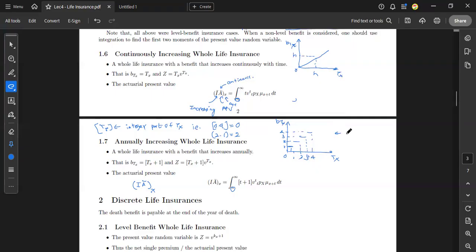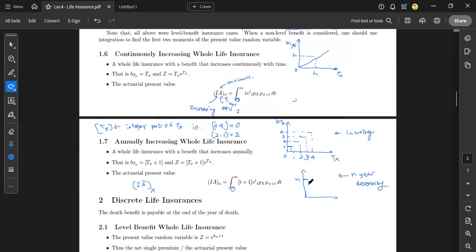So this is increasing. Suppose this is a decreasing case for n years. Decreasing means start from n.